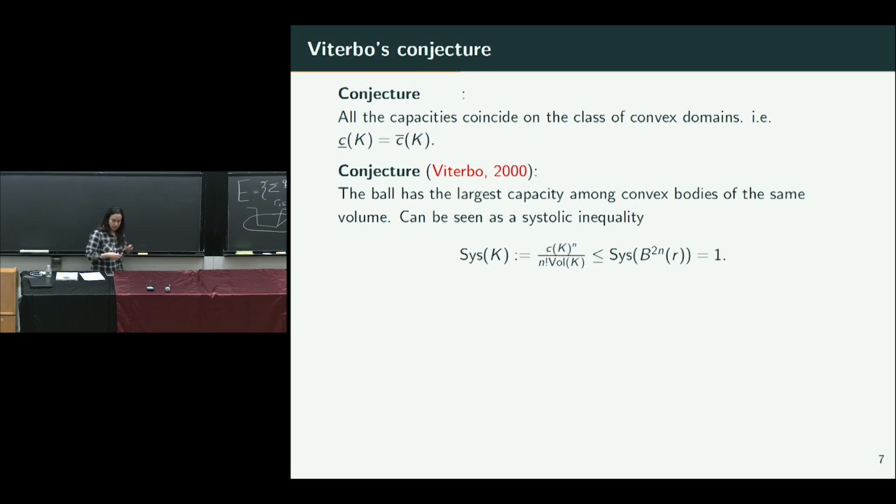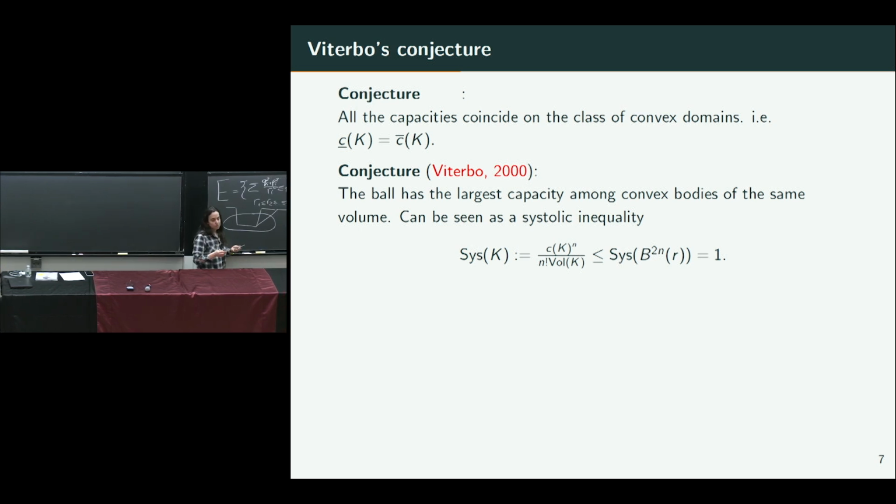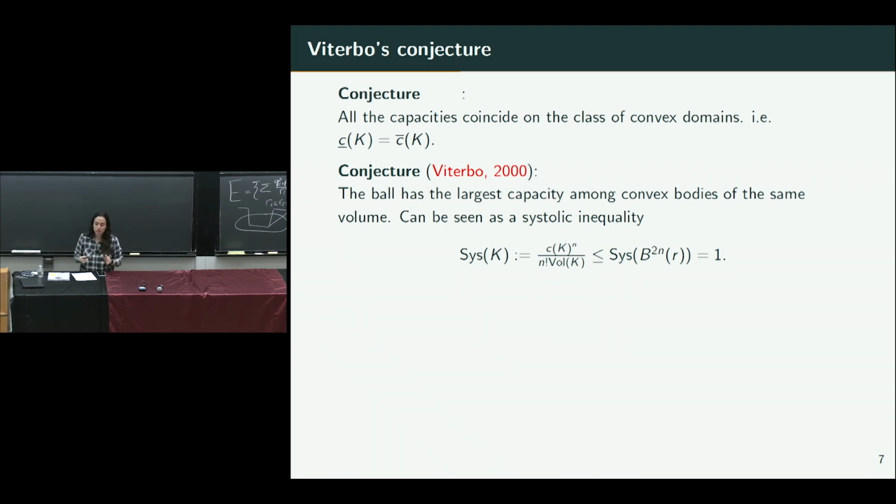So looking at the capacity divided by the volume, taking the powers correctly, this would be a scaling invariant quantity. And the conjecture could be restated as saying that this quantity is maximized for the ball, which has systolic ratio one. So the Viterbo conjecture could be reformulated as saying that the symplectic systolic ratio is smaller than 1.